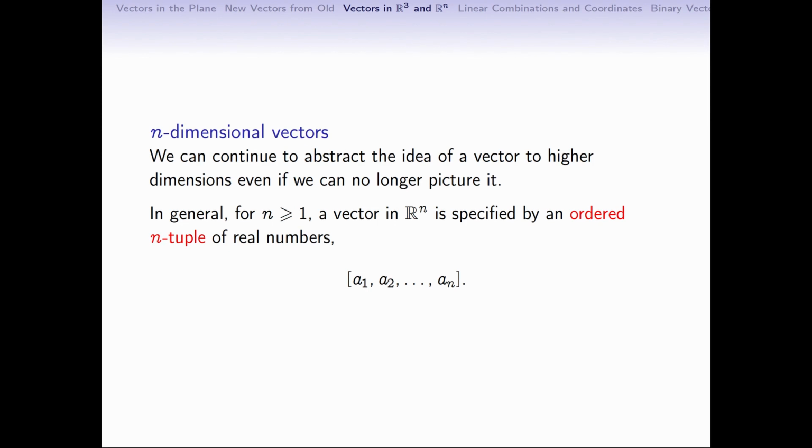Even if we can no longer picture these vectors geometrically, the concept of a higher dimensional vector is still incredibly useful, especially if we think of each component of the vector, A1, A2, up through An, as storing a small piece of the whole. So that the entire vector represents a totality, and each component is contributing some small part to that whole.